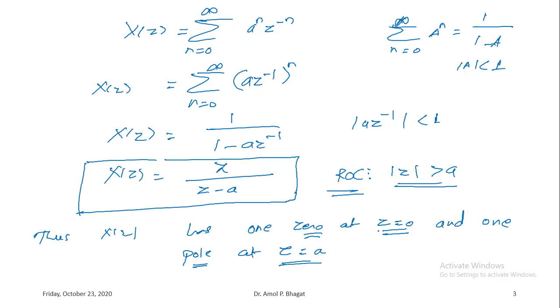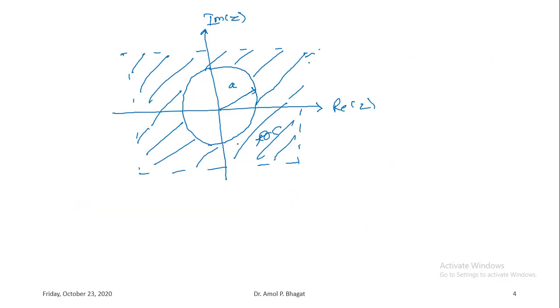So the zero is at z is equal to 0, and zeros are represented by using circles. So here you will represent the zero by using a circle, right? Because at the center the value of z is 0, so the zero will be present at this circle. So this is nothing but your zero, at z is equal to 0, indicated by a circle.